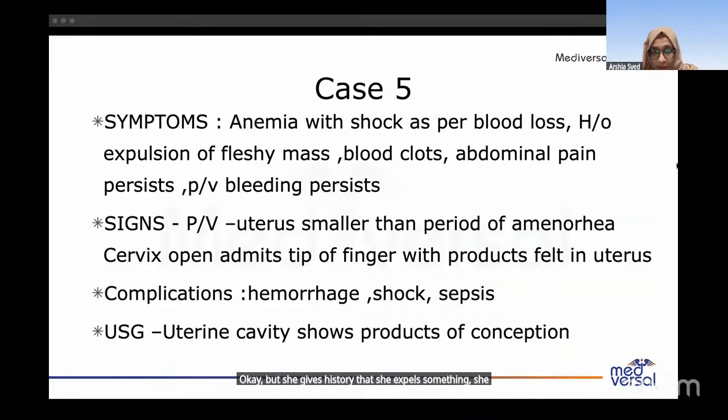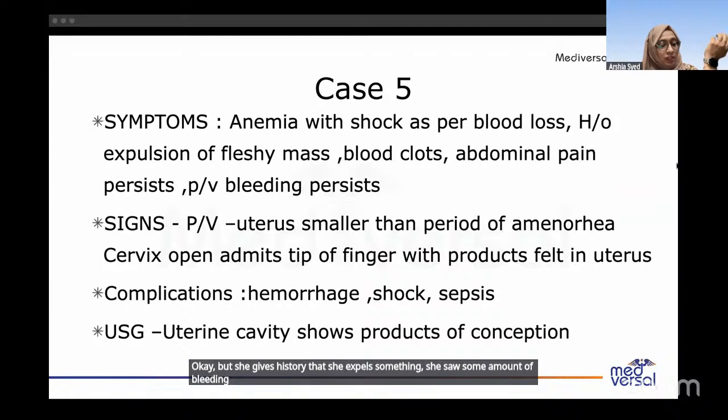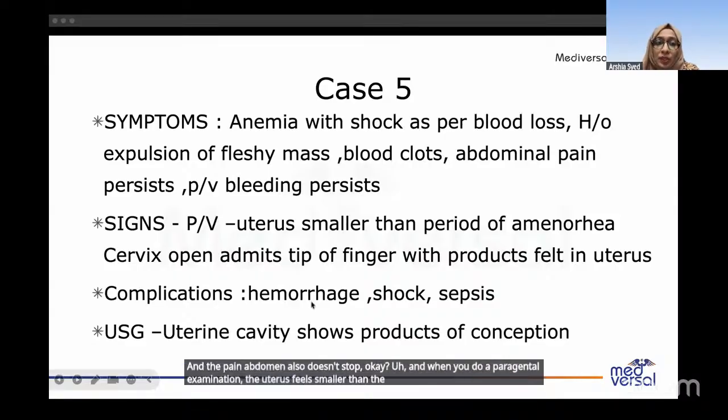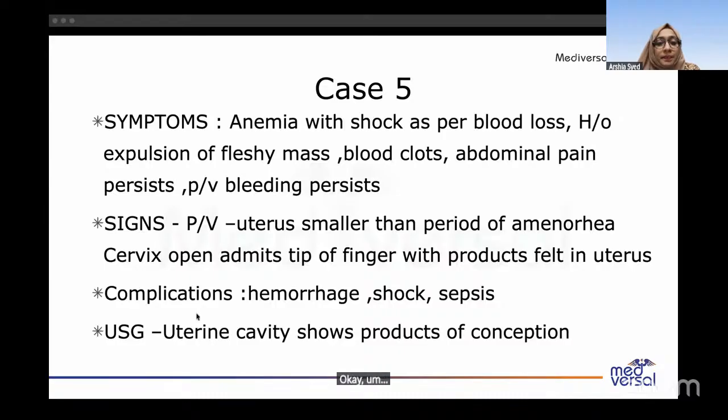She saw some amount of bleeding initially, and after that she's continuing to bleed. The bleeding doesn't stop, and the abdominal pain also doesn't stop. When you do a per vaginal examination, the uterus feels smaller than the period of amenorrhea. The cervical os admits either 1 or 2 fingers, and the products are felt through the os. On ultrasound, you can see products of conception.